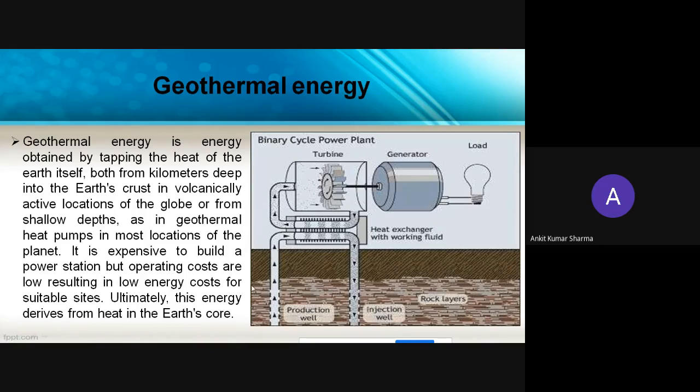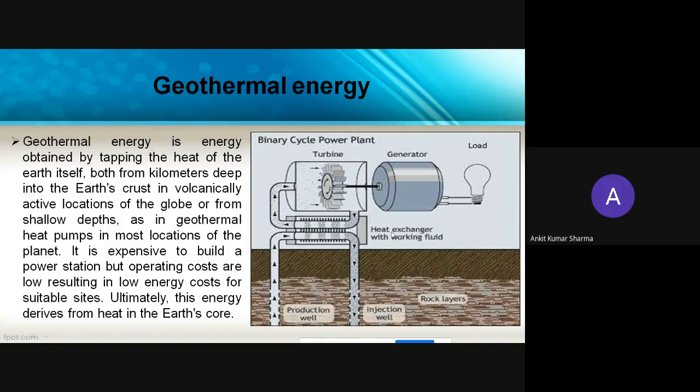The hot springs and hot vapors come from this production well to the earth's surface, and the heat of the hot springs and vaporized steam is absorbed by the heat exchanger and transferred to the turbine.